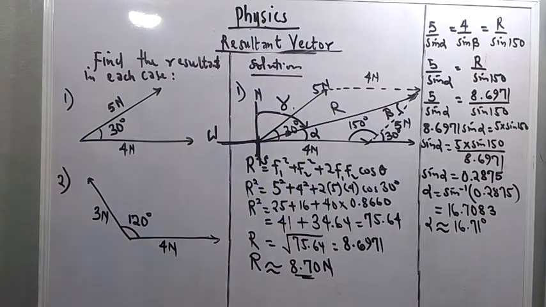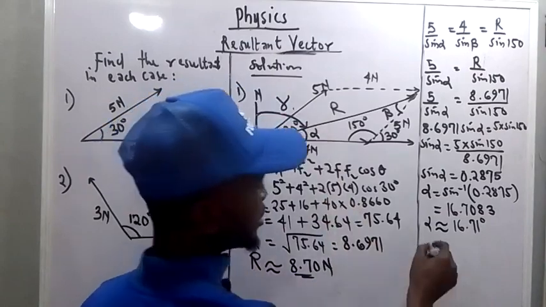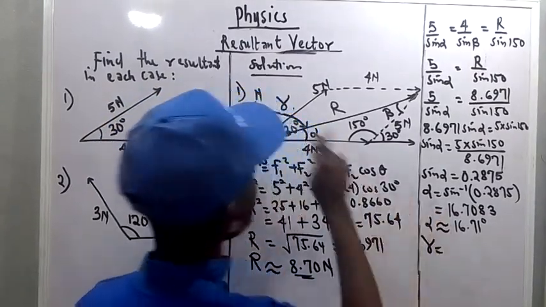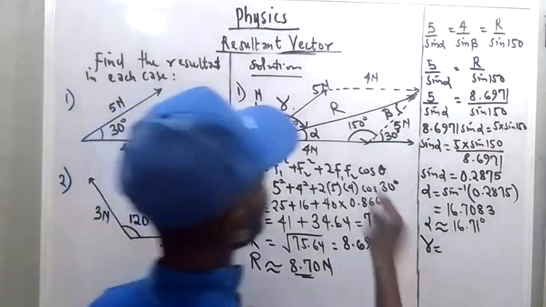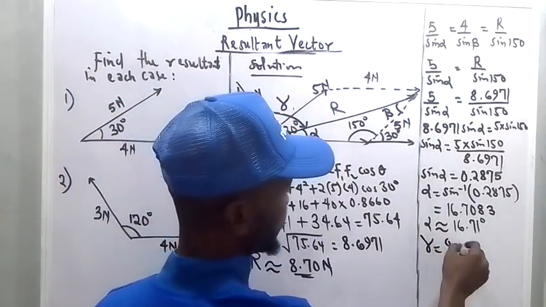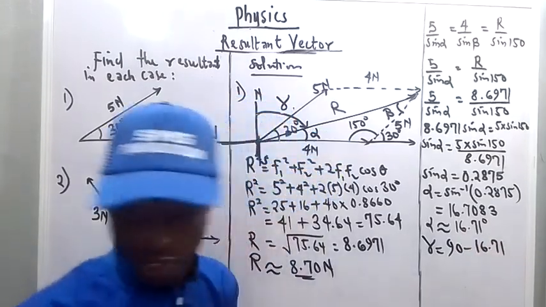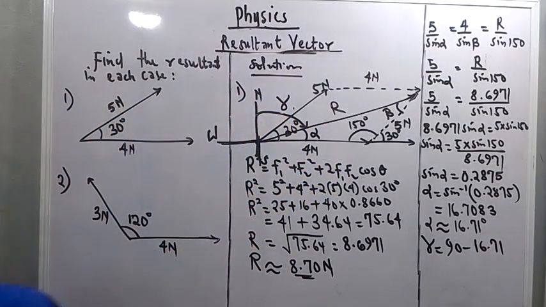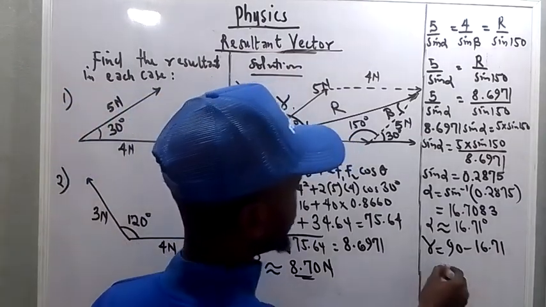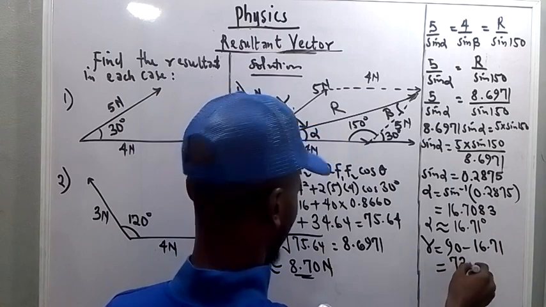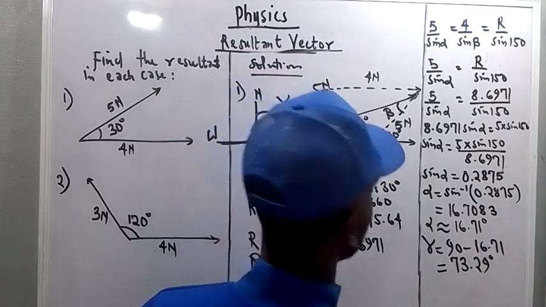Before I completely state the resultant, I can get my gamma. Since gamma and alpha are complementary angles, they add up to 90. So gamma will be 90 minus alpha, and alpha is 16.71. 90 minus 16.71 gives me 73.29 degrees to 2 decimal places.